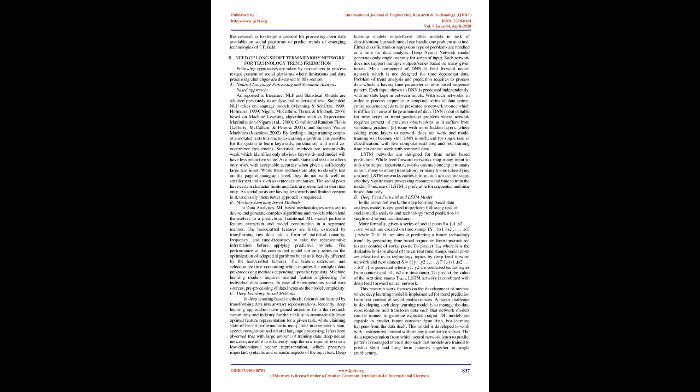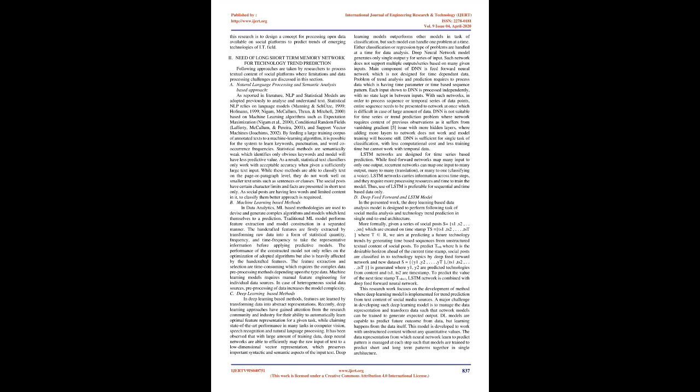The following approaches are taken by researchers to process textual content of social platforms, where limitations and data processing challenges are discussed in this section. A. A natural language processing and semantic analysis-based approach. As reported in literature, NLP and statistical models were adopted previously to analyze and understand text.